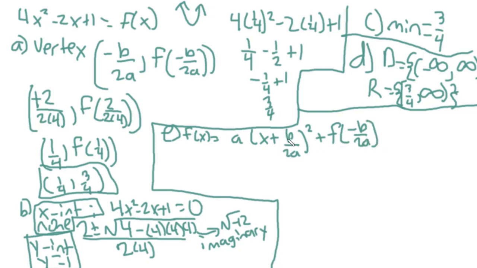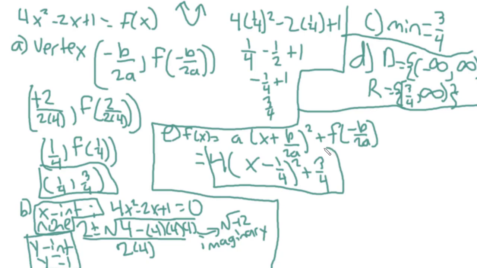So this is just the x coordinate of my vertex, but it's the opposite of it. Okay, so I have negative b over 2a here. I need to get positive b over 2a. Well, first of all, let's go ahead and fill in my a. My a is 4. And then I need the opposite of my negative b over 2a, so that number is 1/4, so the opposite of it is minus 1/4. And then f of negative b over 2a is just the y coordinate of my vertex, so that's 3/4. So this is your parabola in vertex form.